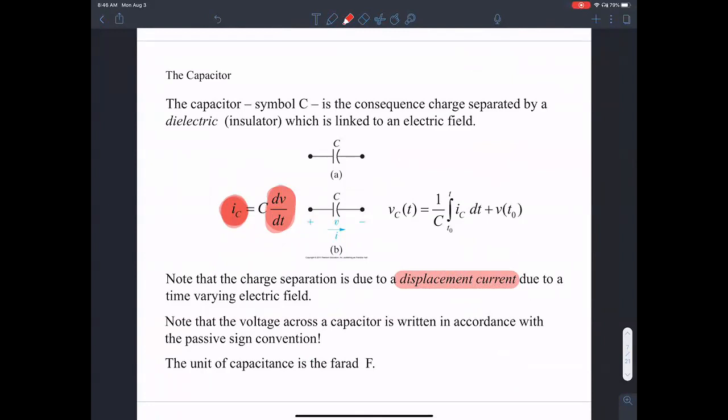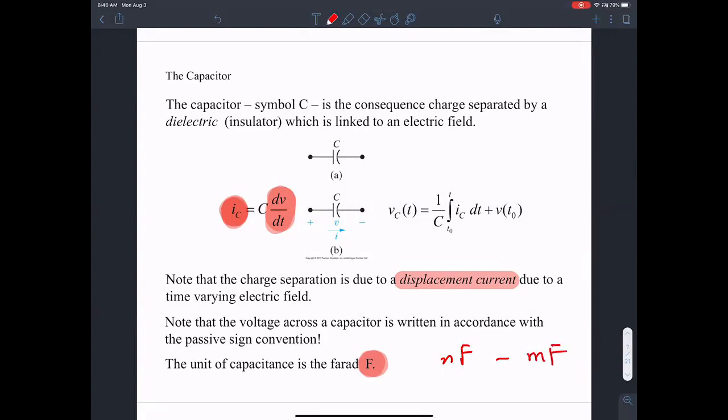Now, the unit of capacitance is typically the farad. And like I mentioned earlier with inductances, the farad is a really, really large unit. So practical capacitances are typically in the range of nanofarads to some millifarads, or in some cases farads.